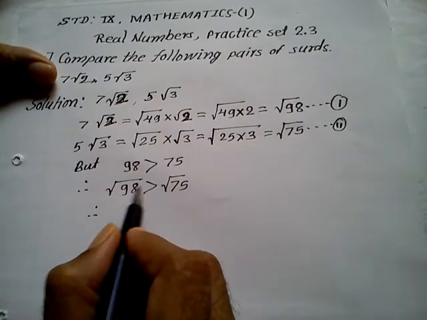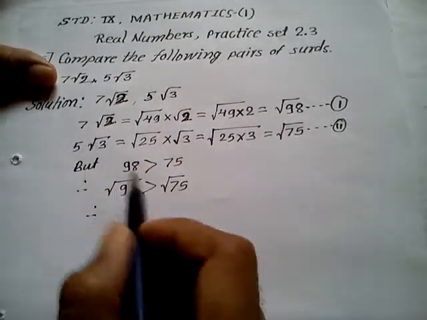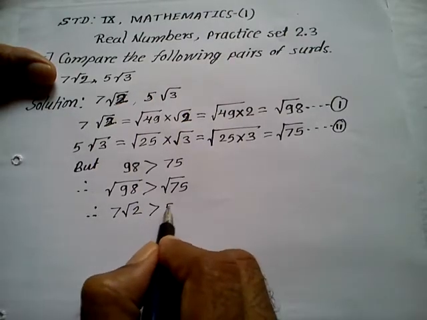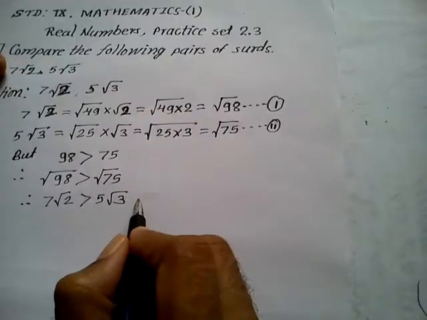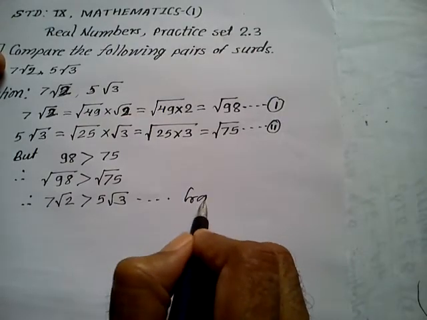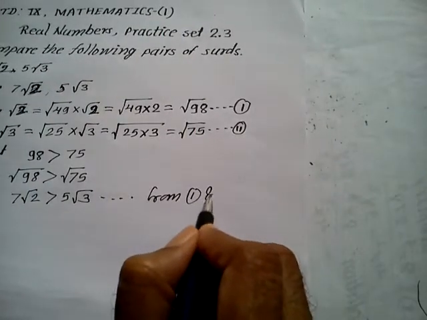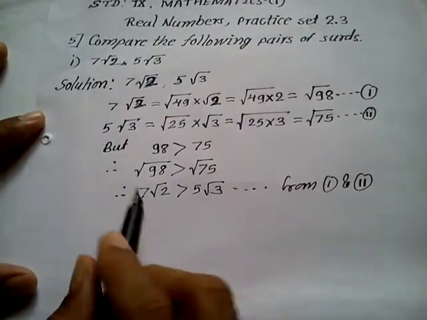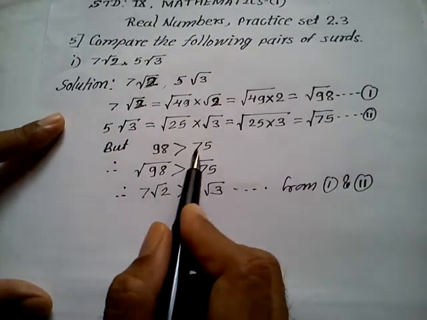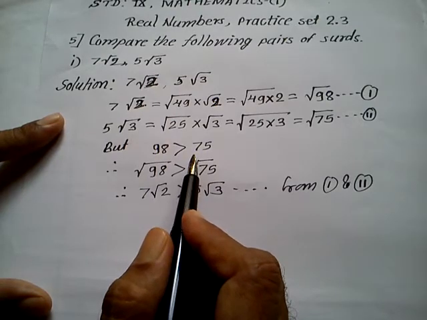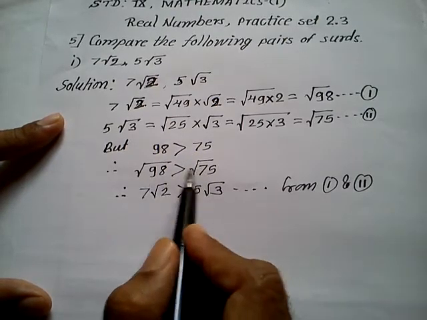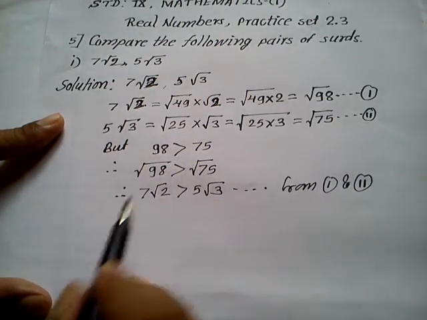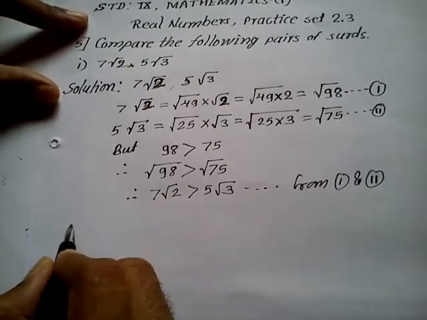Therefore, 98 means 7 root 2 greater than 5 root 3. From 1 and 2. Is it clear now? From 1 and 2 we have this. Compare this one. 98 is greater than 75. Their orders are also equal, order of this is 2. This one is 2.